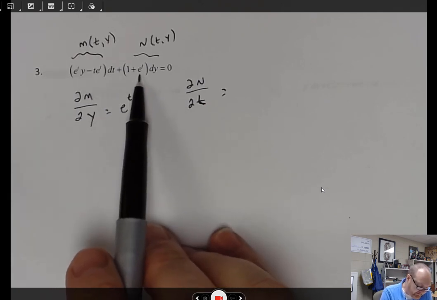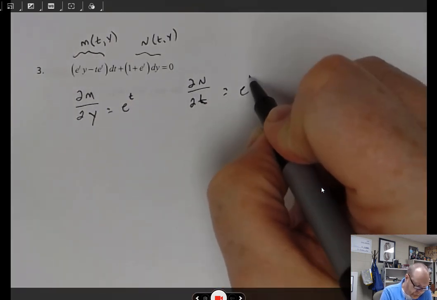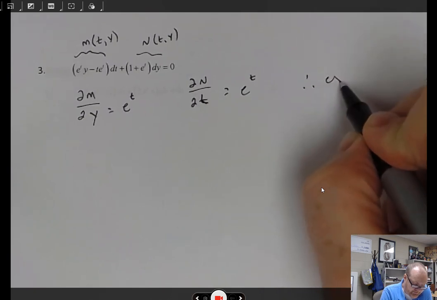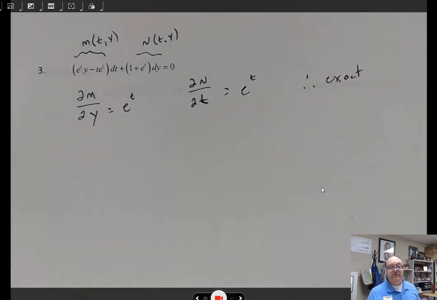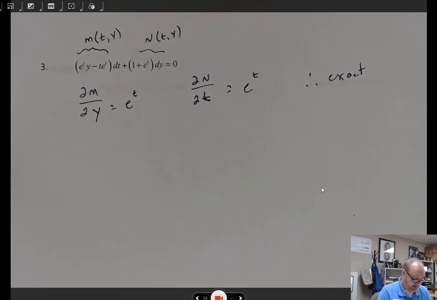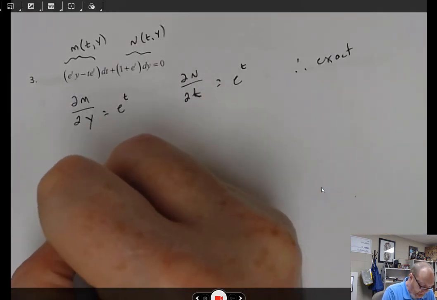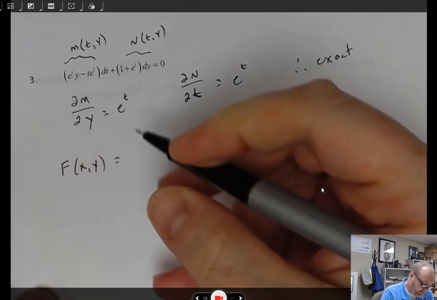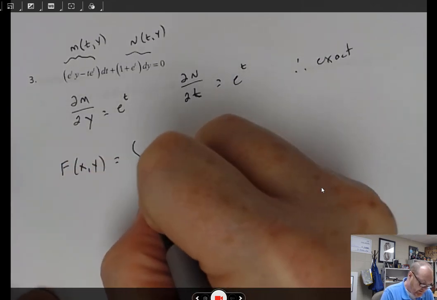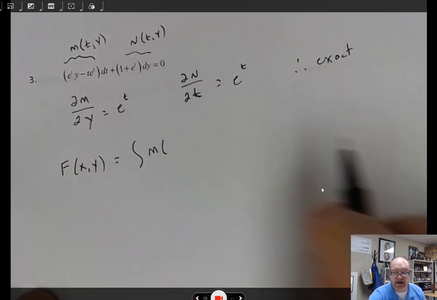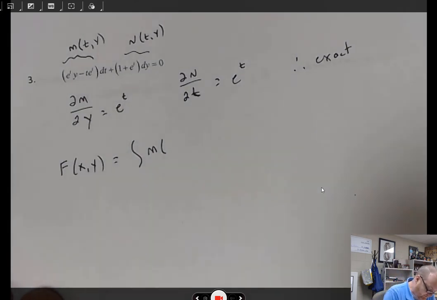The derivative of e to the t is e to the t. Therefore, indeed, this is an exact equation and I can pursue it. So let's do that. I start by looking for some function of both t and y.